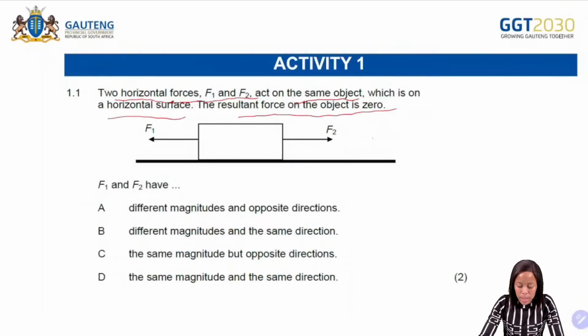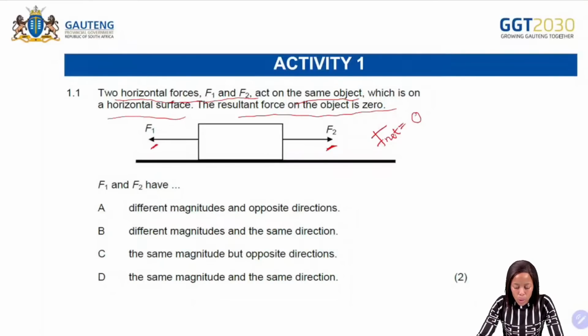So if the resultant force on the object is 0, it means that F net is equal to 0, okay? So we have our information there, and then we also have the diagram. We can see that one force is to the right, that is our F2, and the other force is to the left, that is our F1. Then it says F1 and F2 have, okay?